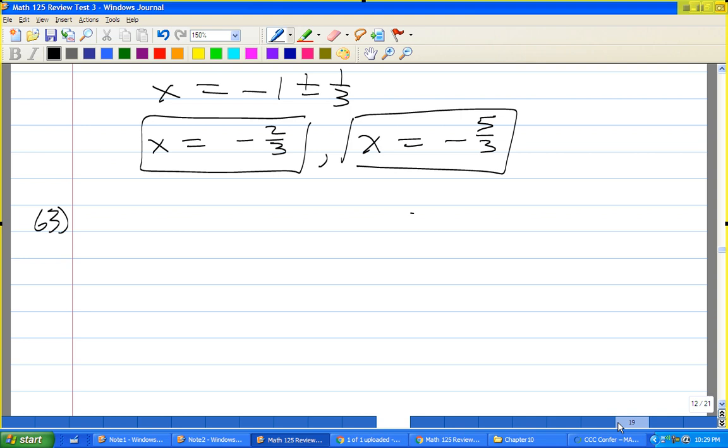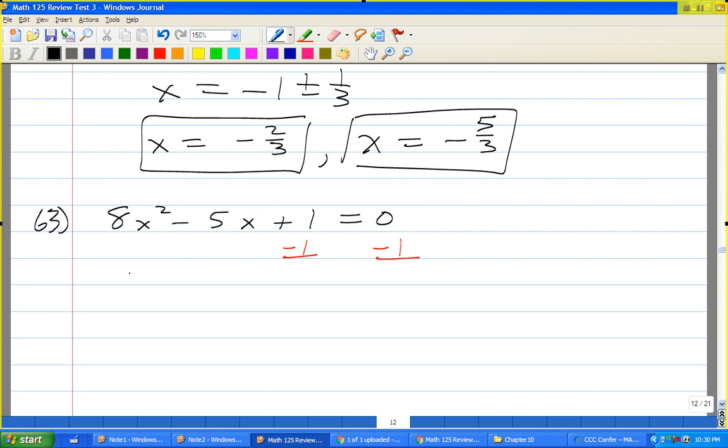Okay, sorry about that. So 8x squared minus 5x plus 1. You want to solve this by completing the square. Subtract 1 from both sides of your equation so that only the x's are on the left-hand side of the equation.